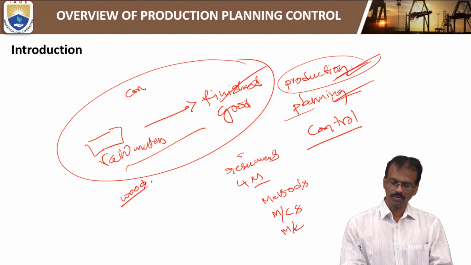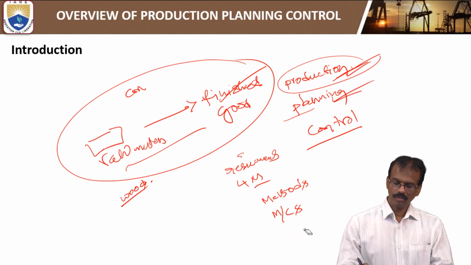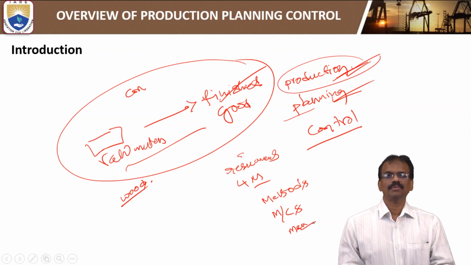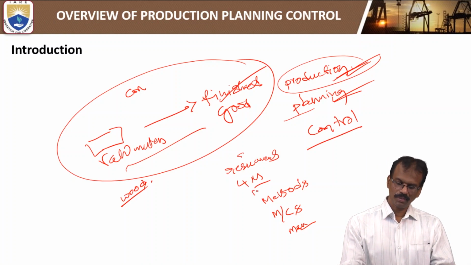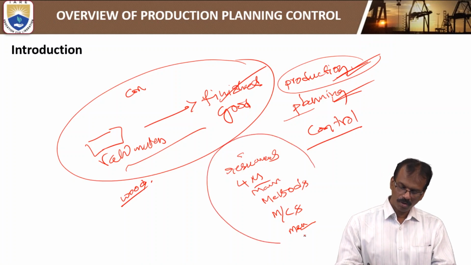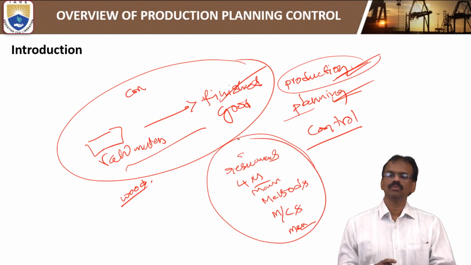What different operators are available to perform the tasks. Next, materials: what different raw materials are required to perform the production operations. So how to evaluate all these things for the planning?